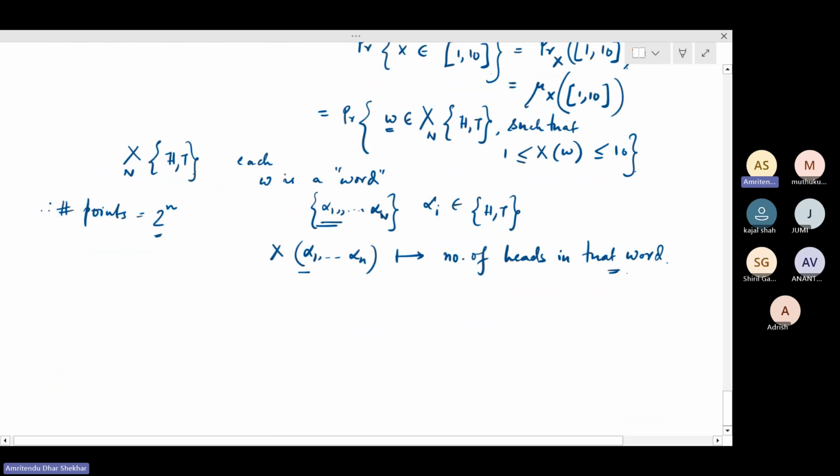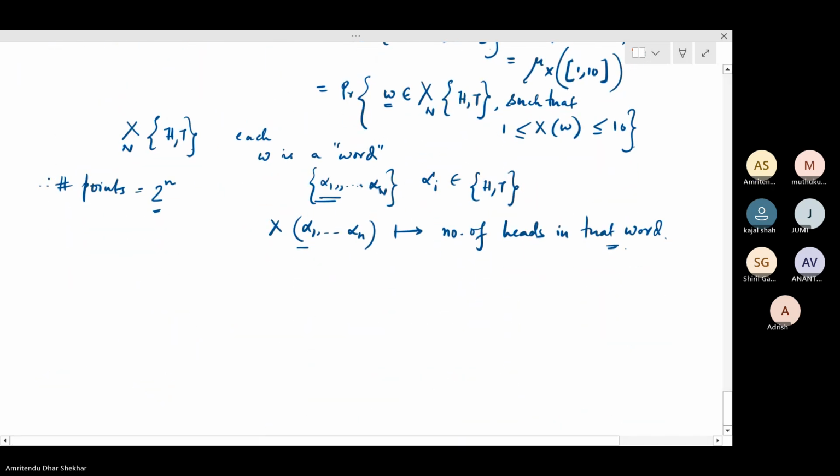Now if you have a random variable X, you may be interested in computing all kinds of probabilities. Like what is the probability that X belongs to some E, where this E is a Borel set.